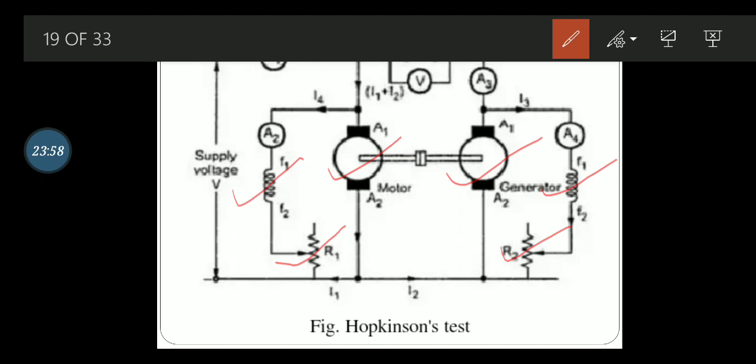The shunt field currents are measured by the ammeters A2 and A4, which measure the excitation current of the motor and the generator.